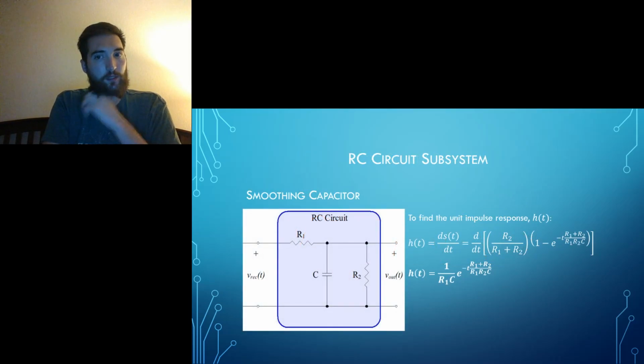Using the unit impulse response along with the Vin of the entire system, normally with a time invariant linear system, you would be able to use convolution to find Vout. However, because the rectifier is not linear, it's not as easy to do that.